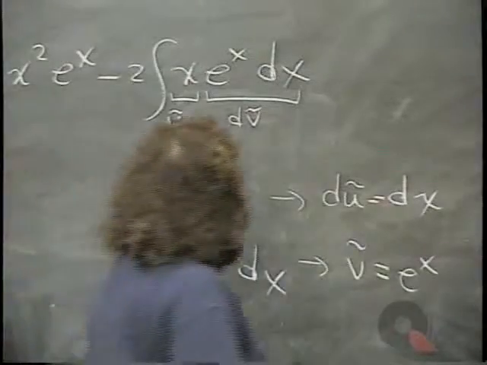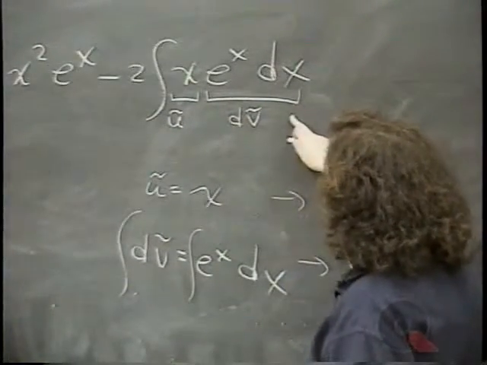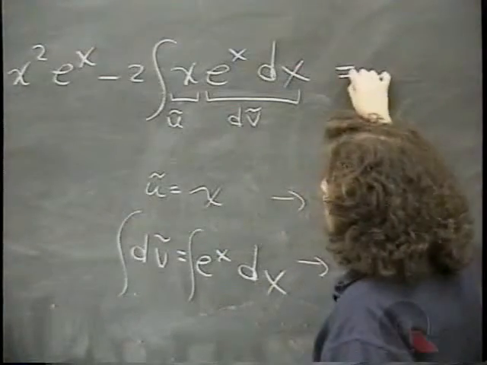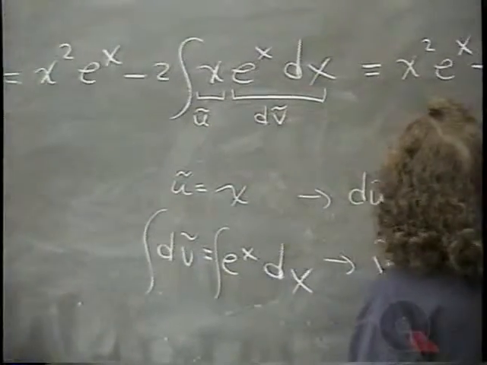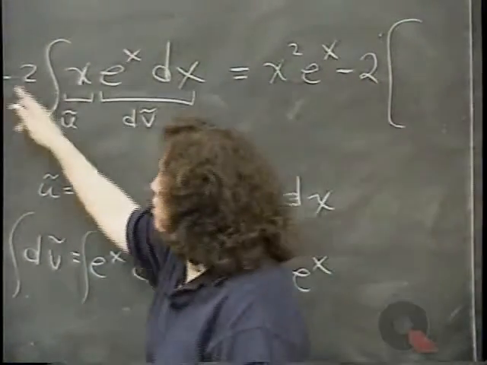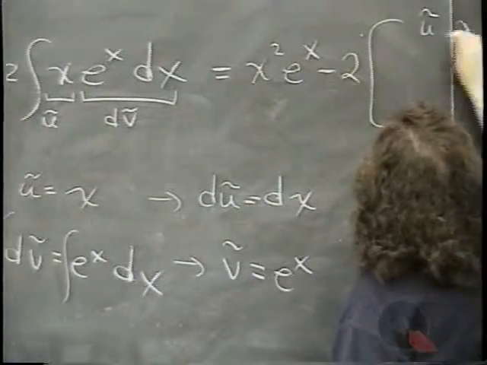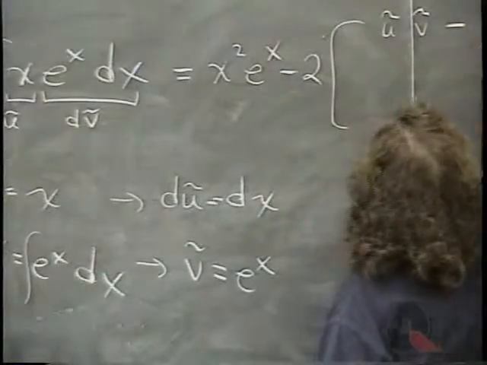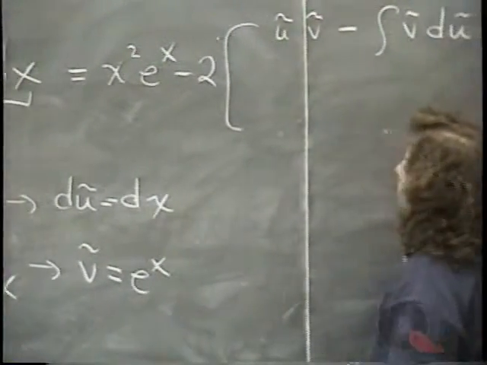So the integral of the new u dv, okay, we still have the x squared e to the x minus 2. Now this new thing here is going to be the new u times the new v minus the integral of the new v times the new du.